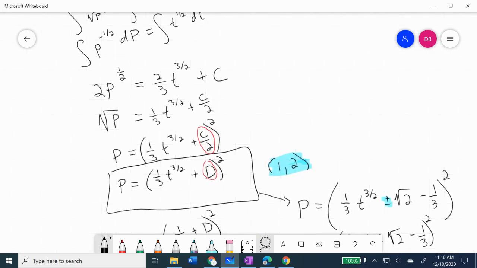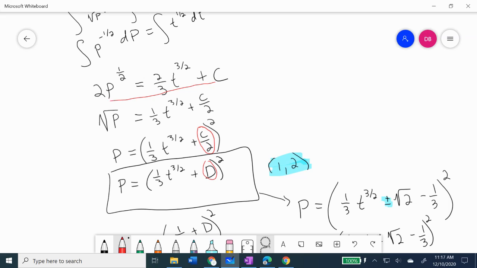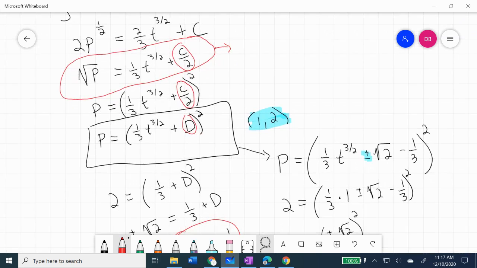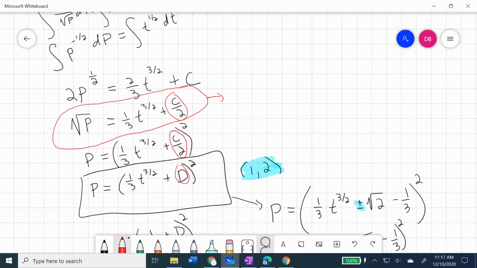I need to back it up, and I want to go to this place before I did the squaring. And I am going to remember that my c divided by 2 is the d, which is the plus or minus root 2 minus 1/3 that I'm trying to figure out which one it is.